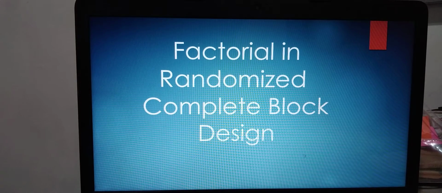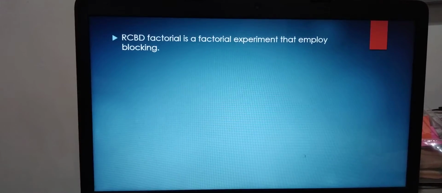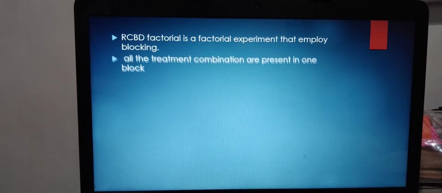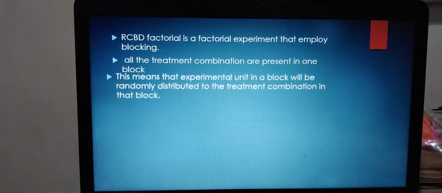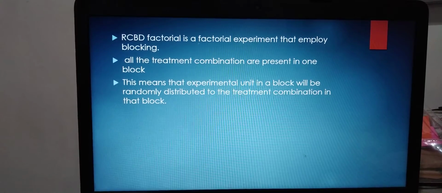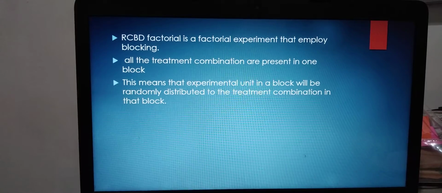My topic is all about factorial in randomized complete block design. So, RCBD factorial is a factorial experiment that employs blocking, and all the treatment combinations are present in one block. And this means that experimental units in a block will be randomly distributed to the treatment combinations in that block.